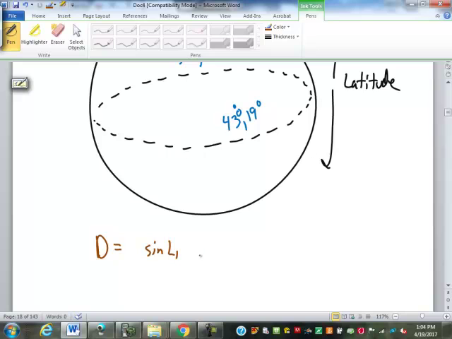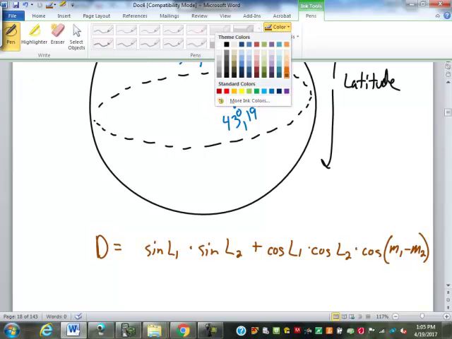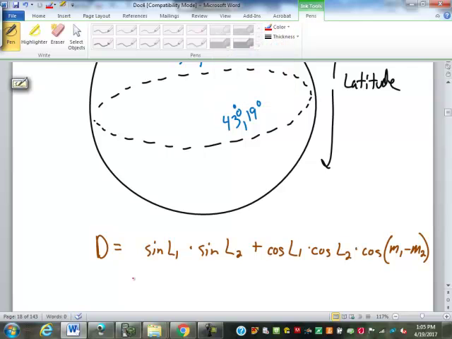Sine of L1 times the sine of L2 plus the cosine of L1 times the cosine of L2 times the cosine of M1 minus M2 is the angular distance. And what that's going to do is give us an angle between them.